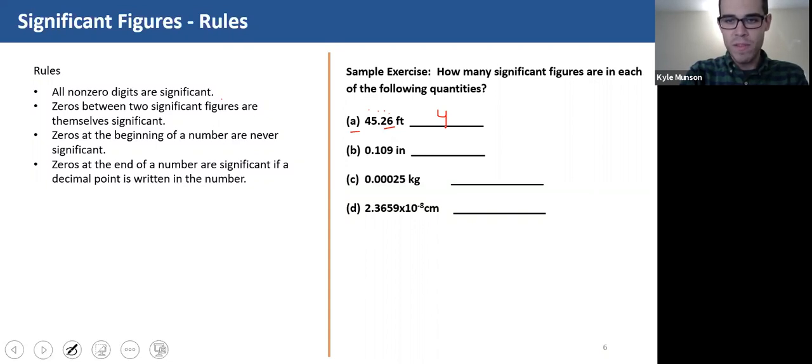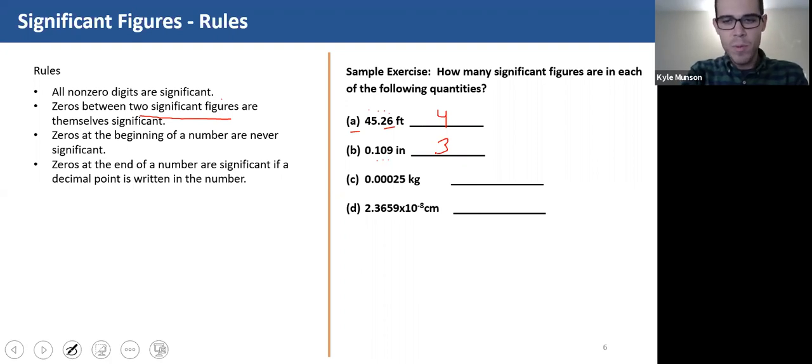So we skip over this 0 and we start counting here. And we count 1, that 0 is going to be significant because it's between two significant figures, and this 9 here is also significant. So this number has 3 significant figures.